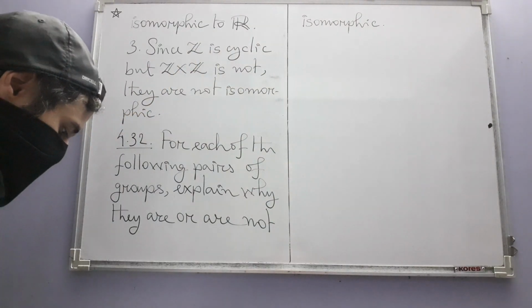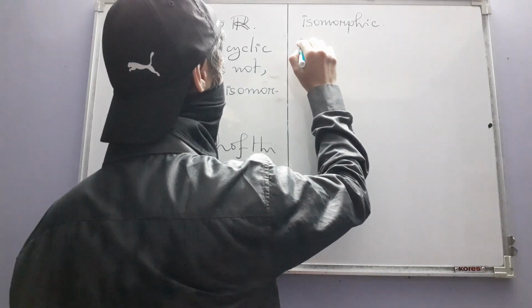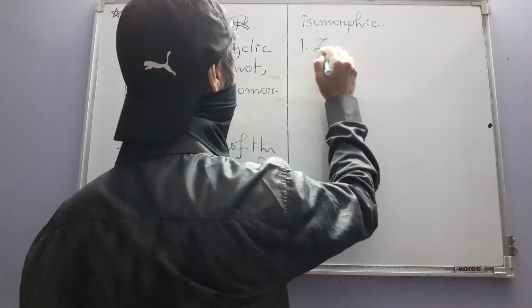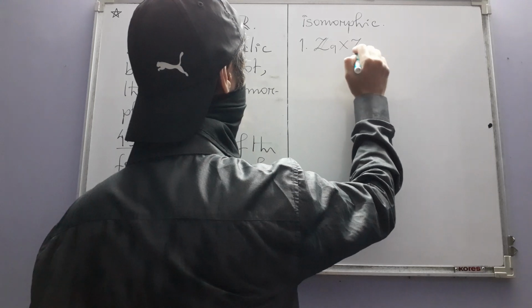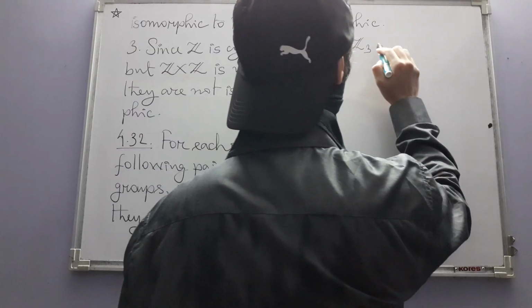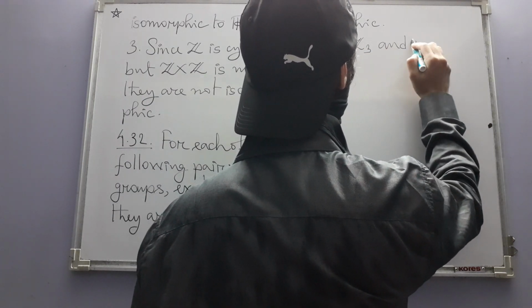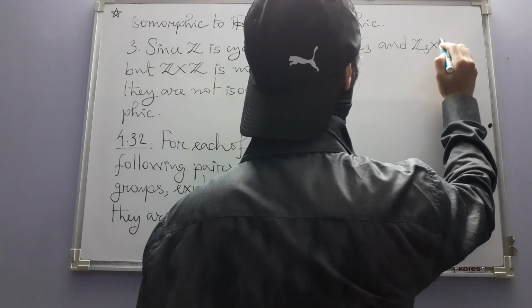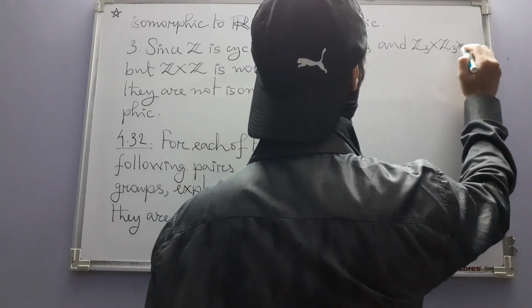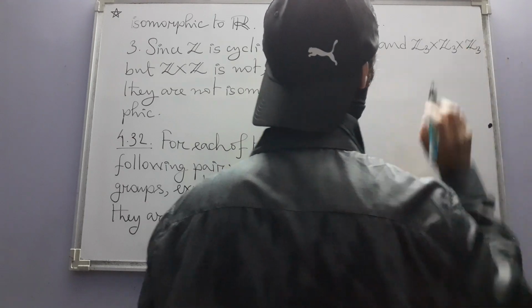Okay, so what are the groups? This and this, product of 3 copies of Z3.